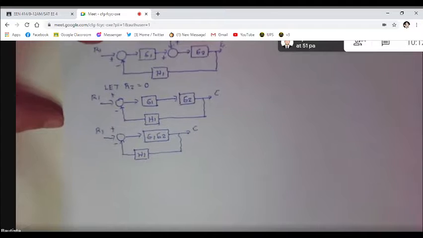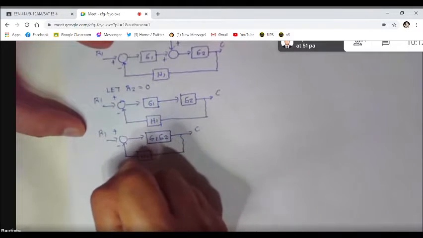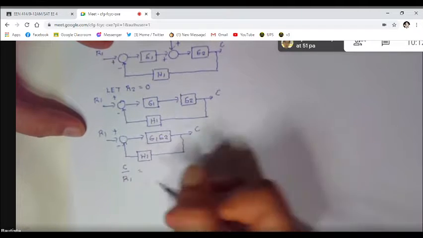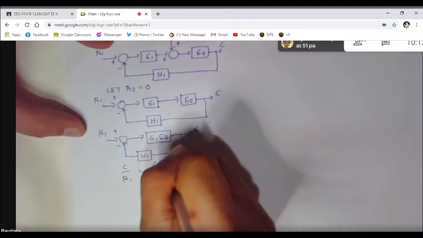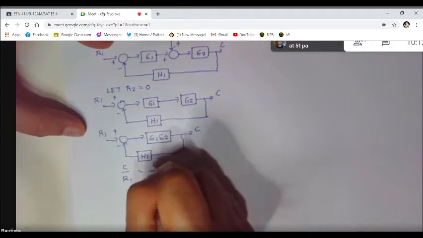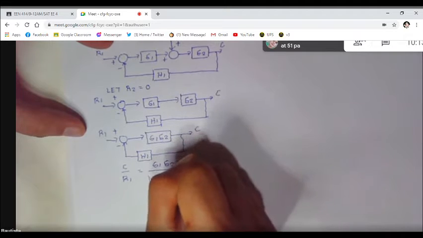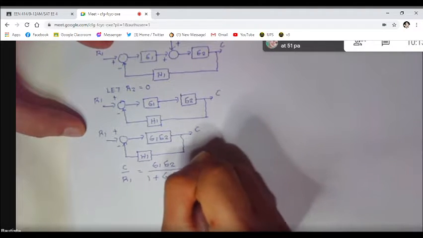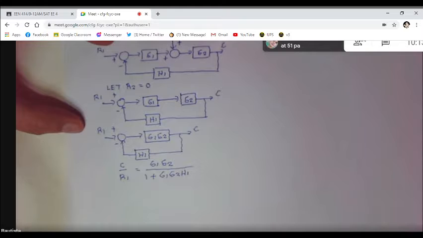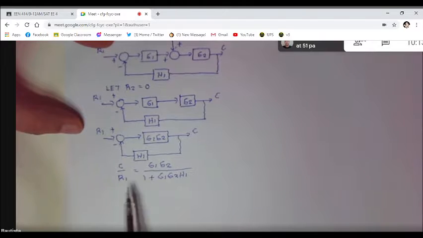So, pwede ko lang isolve yung C over R1. Diba? That is G1, G2, all over 1 plus yan kasi minus yun. So, you have G1, G2, H1. Okay? So, that's the first process. Kapag R sub 1 is on, then R sub 2 is off.